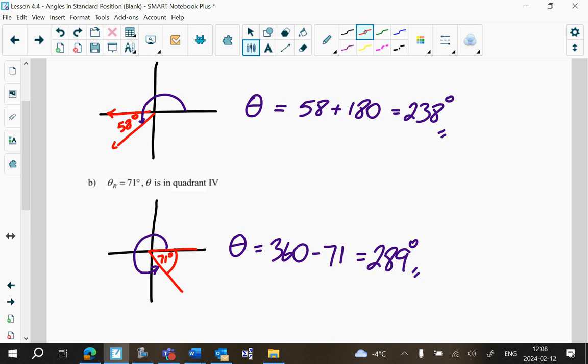Use its reference angle and draw a right triangle there. Then I can do some trig, because we know how to use right triangles in trig. Because every reference angle is acute, I can always make a right triangle out of it. So if I can find the trig of this, I can find the relation to this. Okay, that's the next step.